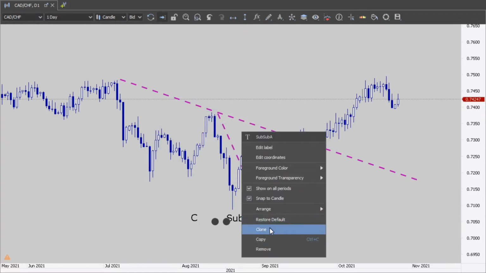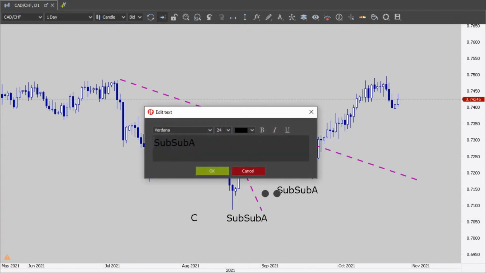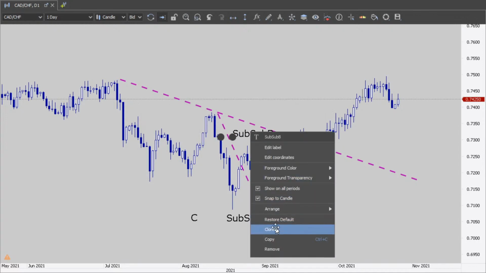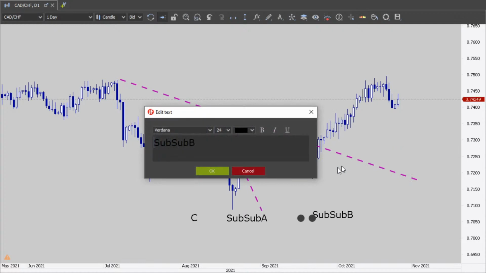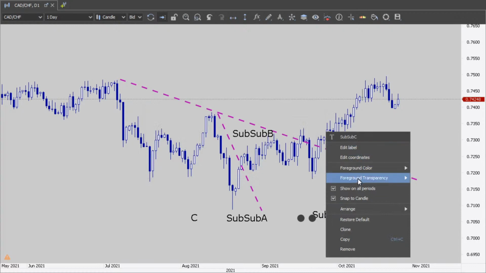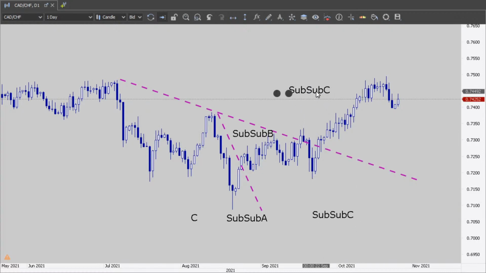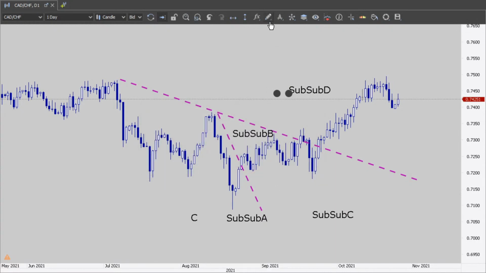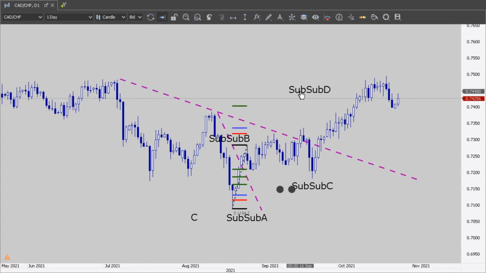So sub A, clone, edit label, sub B, clone, edit label, sub C, and sure enough, clone, edit label, sub D. Sub A, sub B, sub C in here, and sub D. Let's see.